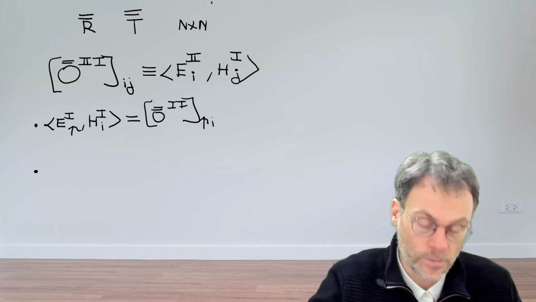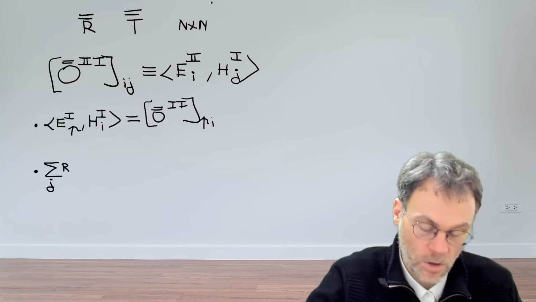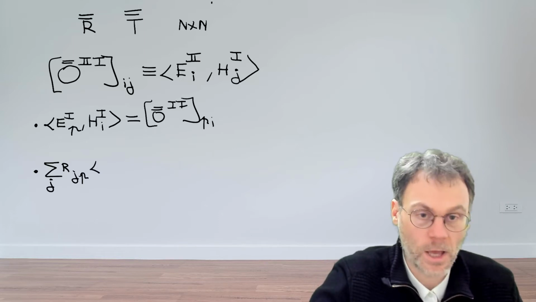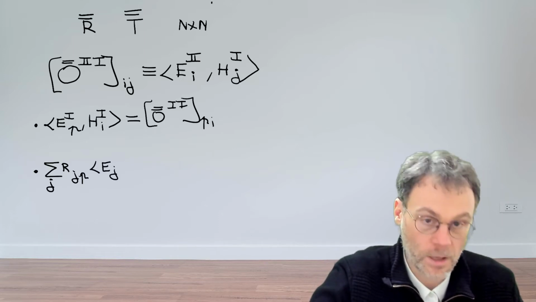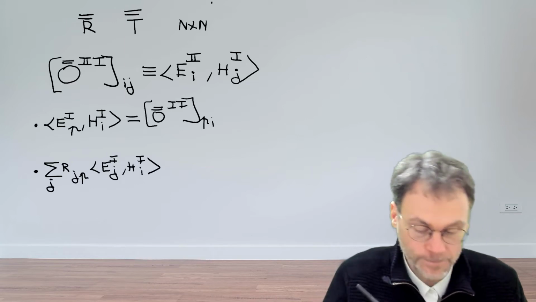The second term is a bit more complicated. It's a sum over J of the reflection coefficient Jp here. And then we have the overlap H1, H1I. Okay.